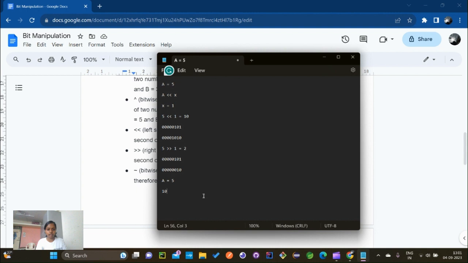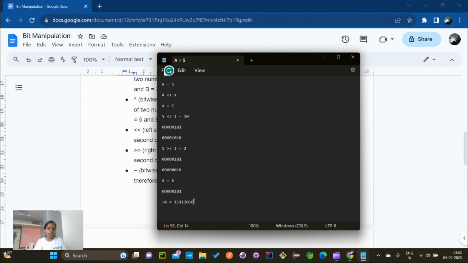Here we have 101, which is 5. As I said before, this is the 8-bit representation of decimal 5. So we'll flip the bits of this. So it's 010. Here we got this as our not of A.